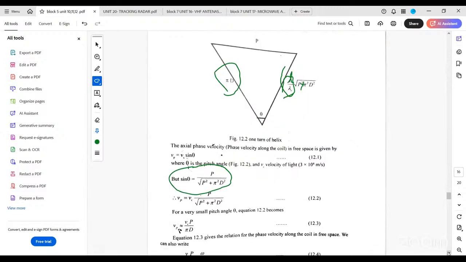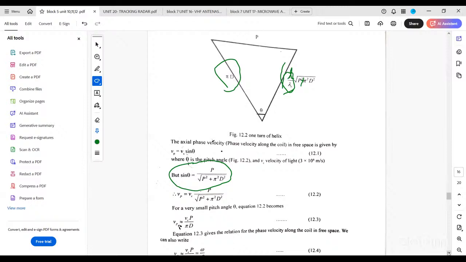So, phase velocity. Phase velocity is the velocity of light VC into sin theta. We calculated sin theta, and we are substituting it here. What is VP? VP equals VC times P by under root of P square plus pi square D square.